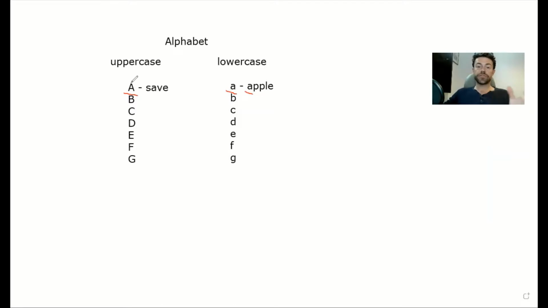Okay, so these are pronounced very differently. So here on the uppercase side, we have the letter B. But then over here, as we have in the word boy, this letter is the letter B.